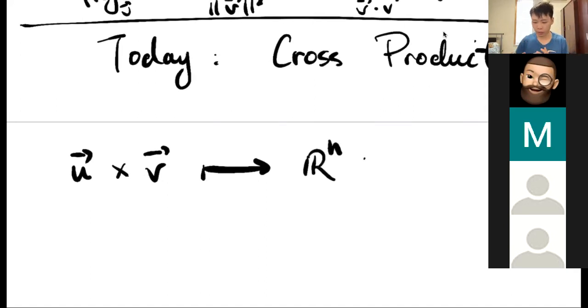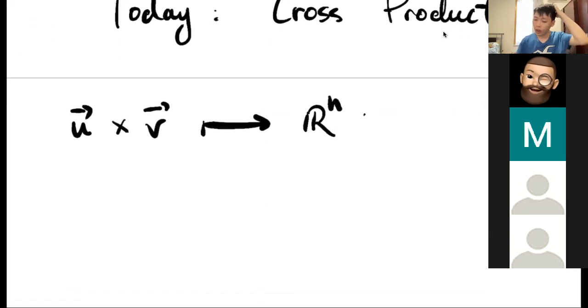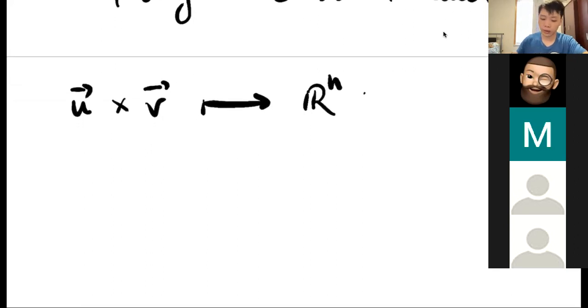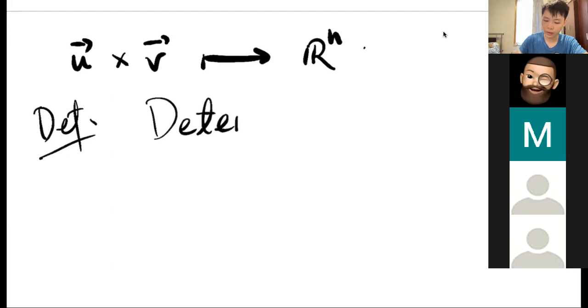So how does it work? Before we talk about cross product, the concept we would like to introduce is called determinants. Actually, the cross product only makes sense in R3.